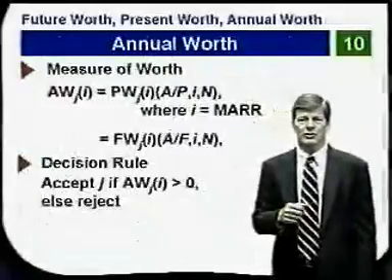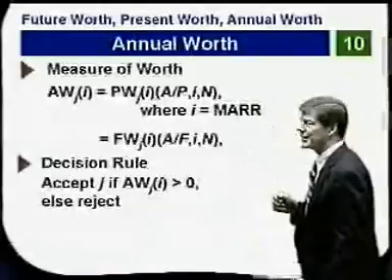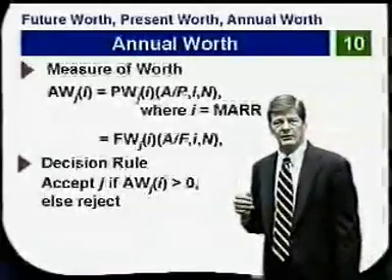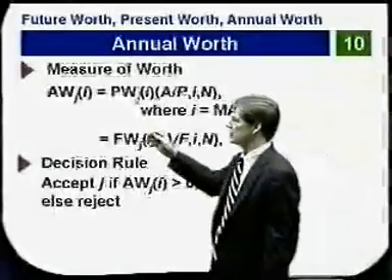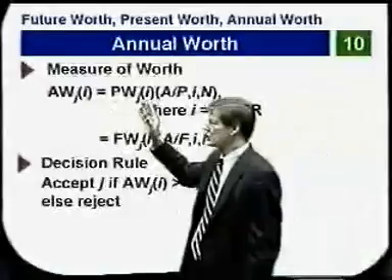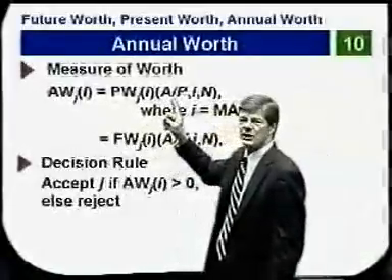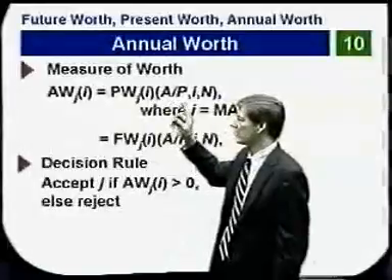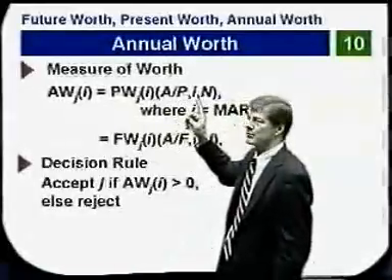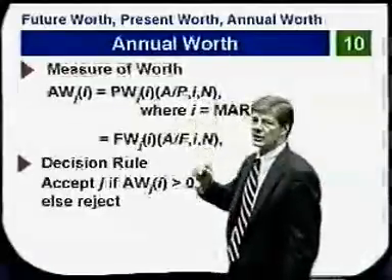Let's move on to the third criterion. That's annual worth. And it can be defined, again, in one of 2 ways. One way to define it is the annual amount that is equivalent to the present worth of opportunity J converted to a uniform stream using the equivalence factor, find A given P, when I can invest at my minimum attractive rate of return, i, over n periods.